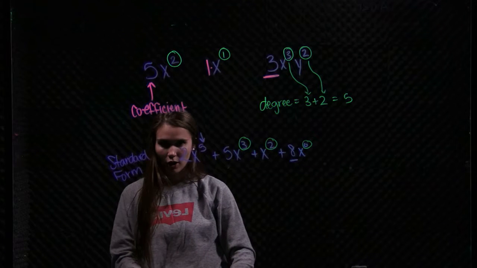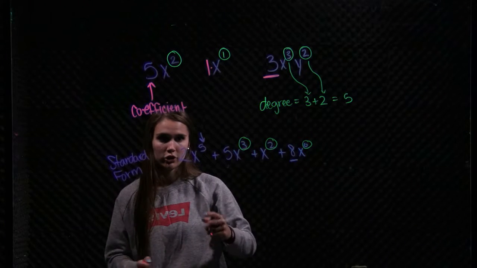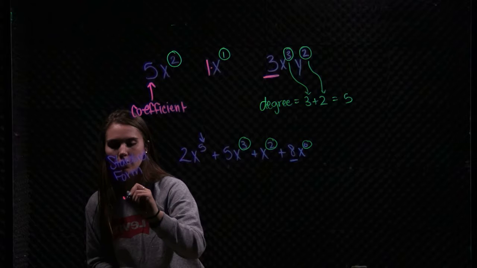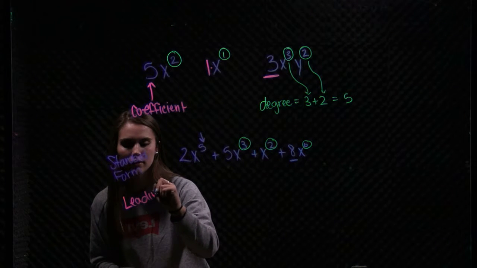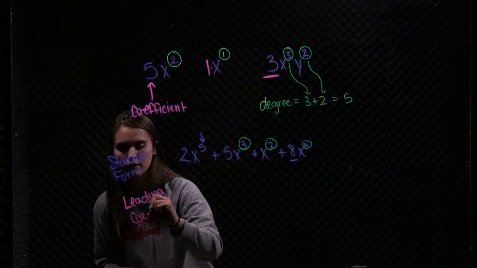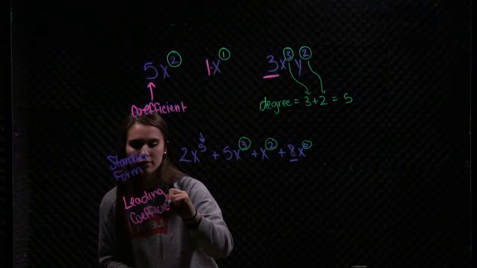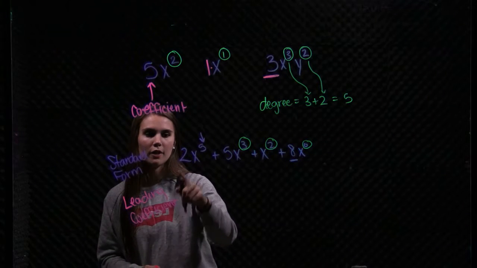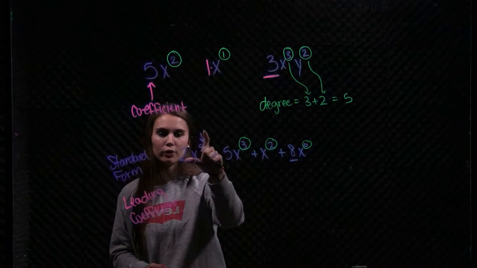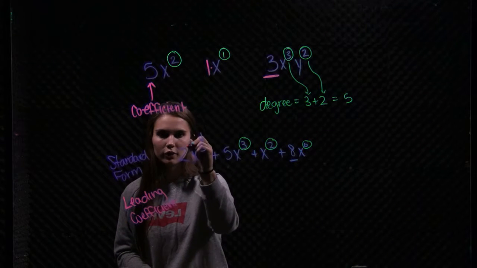Then once we have our standard form of our equation, our leading coefficient is going to be the number that is linked to the first term. So in this case, it's going to be our 2.